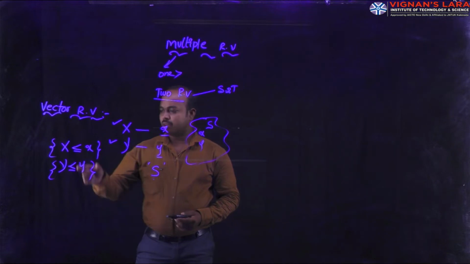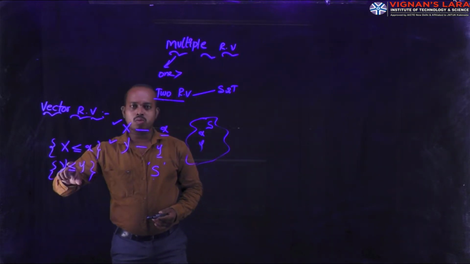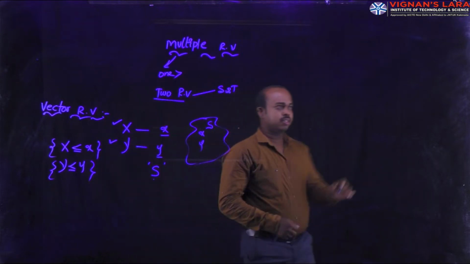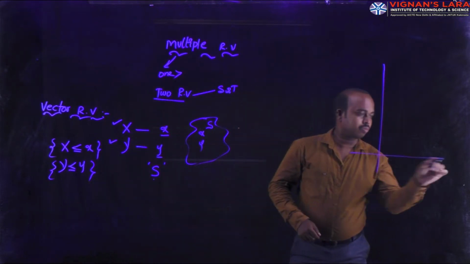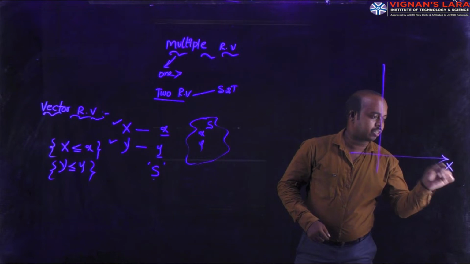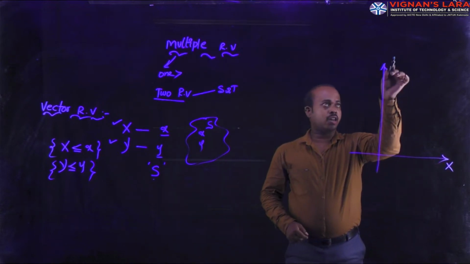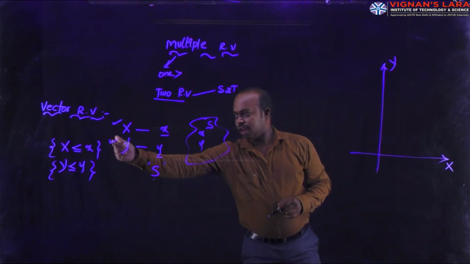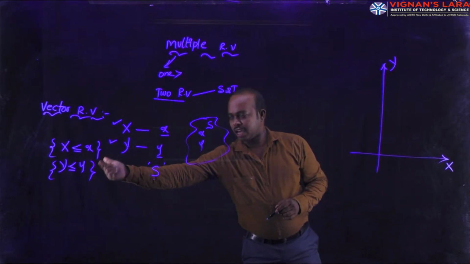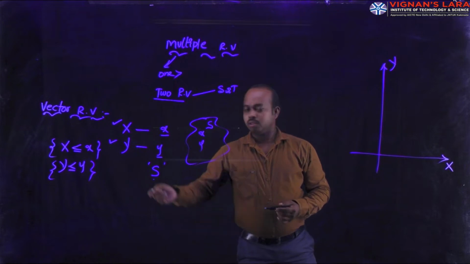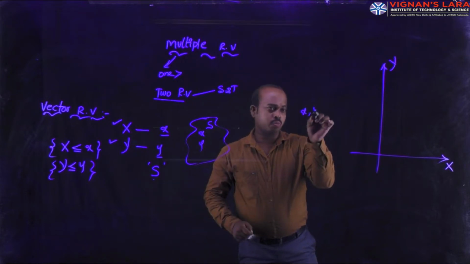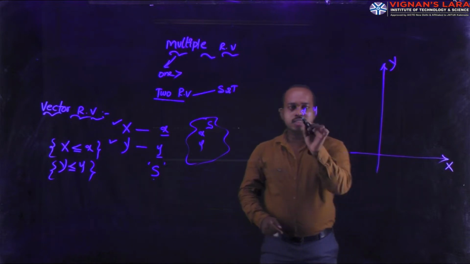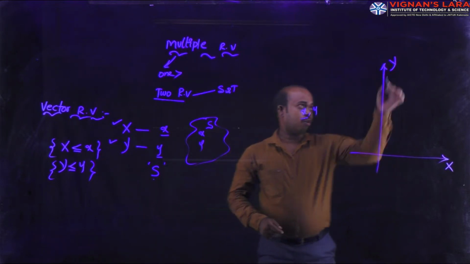Now we can represent these two values on an xy plane. On the horizontal direction I take x, and on the vertical direction y. Here the x element is small x and the y element is small y. We can represent small x and small y as a random point on the xy plane.